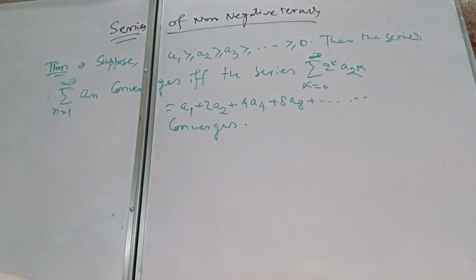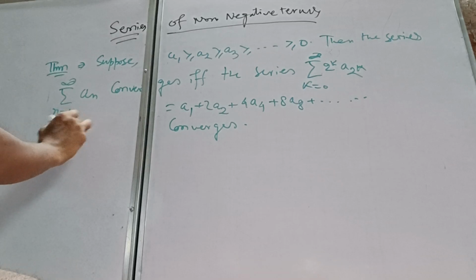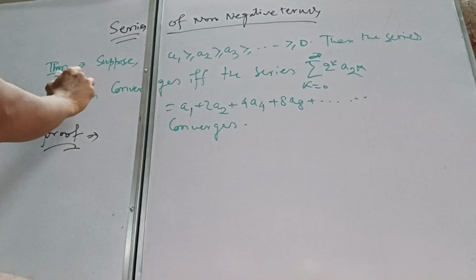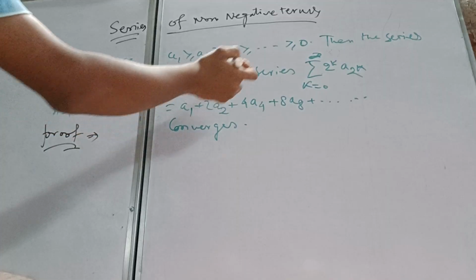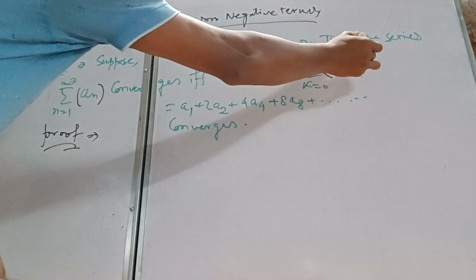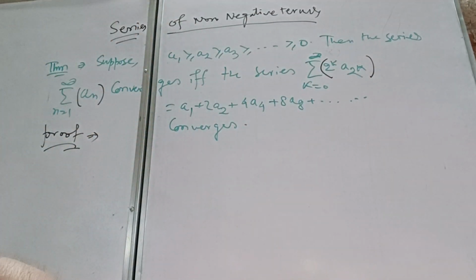We use another theorem to prove this theorem. So the series of a_n converges if and only if this series converges. Okay, so we proved it, and we used one important theorem here.